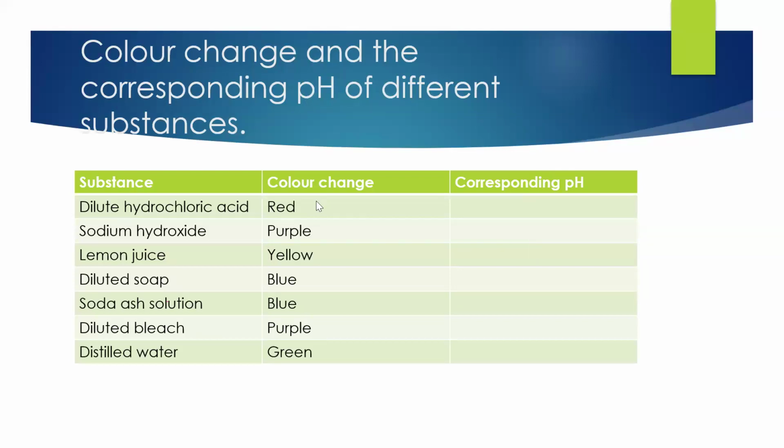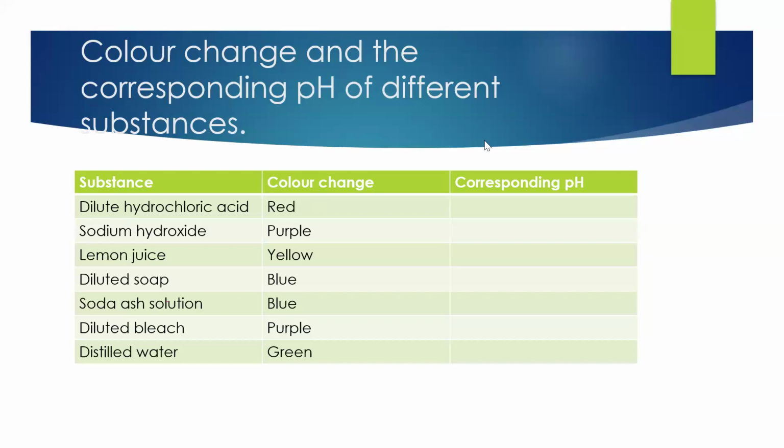Then we have lemon juice, which is yellow. What is the corresponding pH? The color is yellow. What is the numerical value? Yes, Charles? 5. 5, okay, very good. I can see the chat. People are also sending in 5, good.